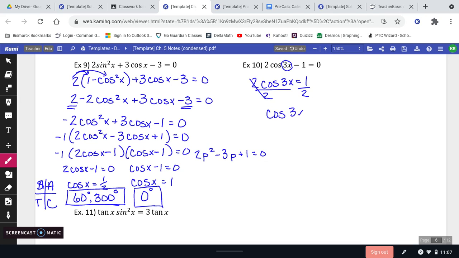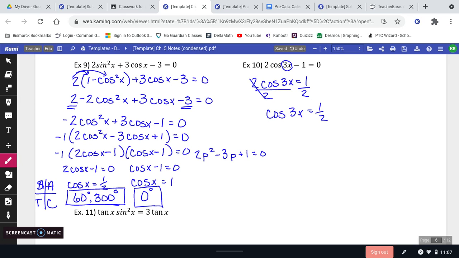So cosine of 3x equals 1/2. Okay, so it's similar to the previous one. We've got cosine equals 1/2. So you are looking at that 60-degree angle and that 300-degree angle.